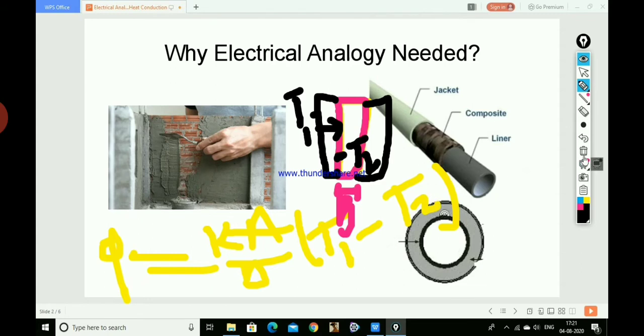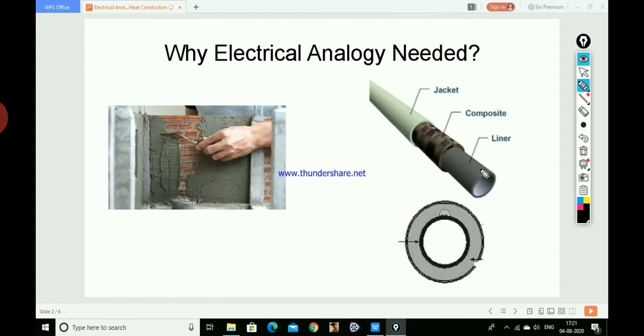Now similarly, in an electrical system, we are having one pipe, and on that pipe we are having different layers. For example, an electric wire is insulated by some other material. Also, hot pipes through which hot fluid is flowing. In that case, to avoid heat loss, we are using insulation.